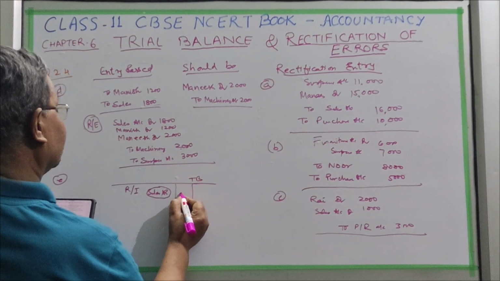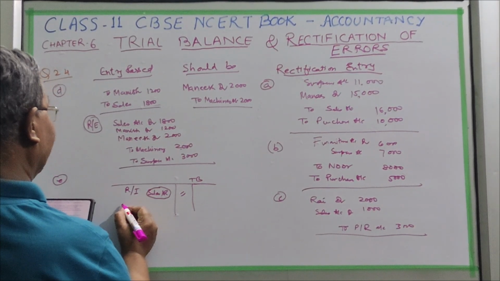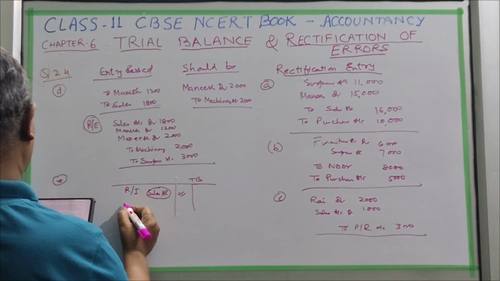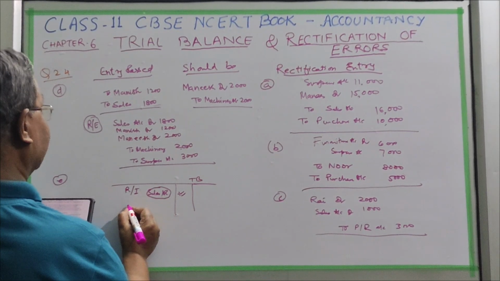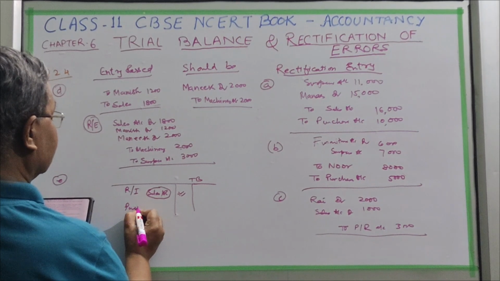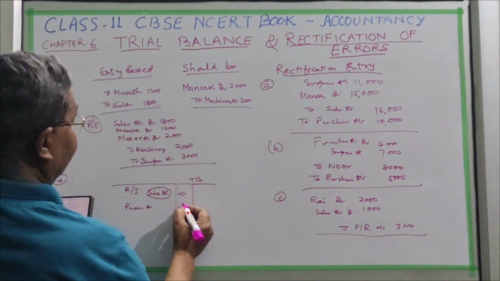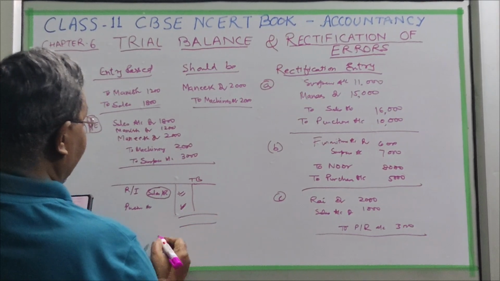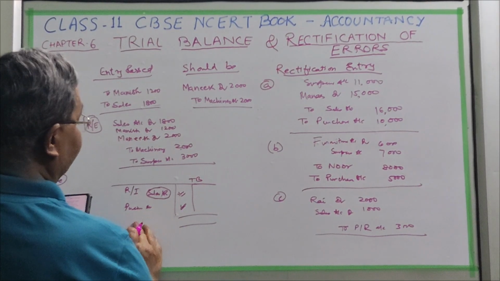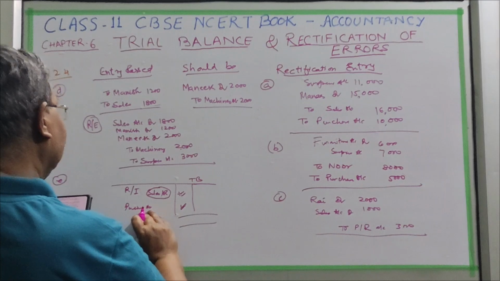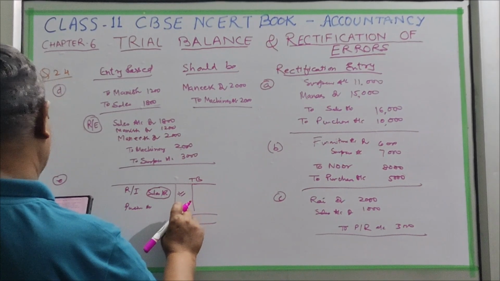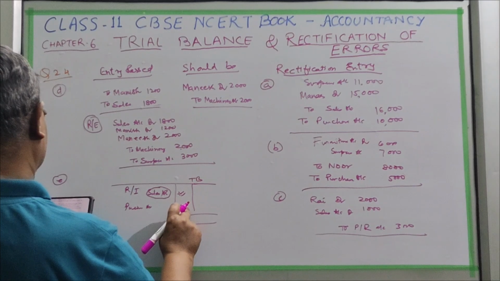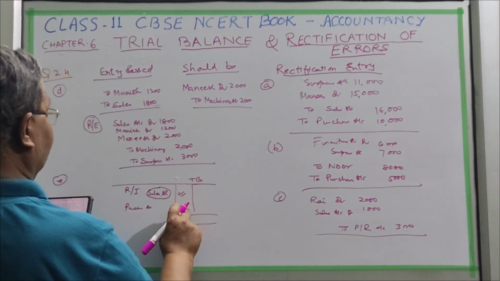So here should come. But what you have done? Here it should have come. But what you have done? You have posted to purchase account. In purchase account is debit side, you posted here, so it matched. But now what you should do, total of returns inward book was posted to purchase account.